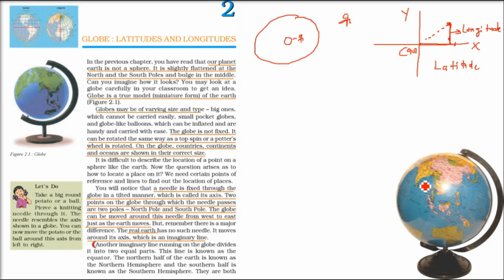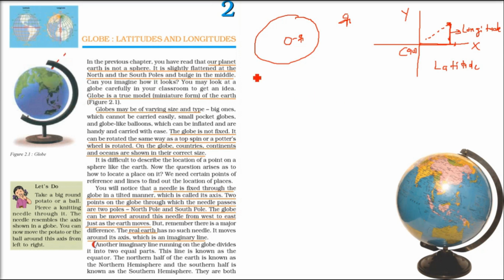If you see this model, you will be able to find out where you live, where your friend lives, where the continents are, where the different oceans are. So a globe is a representation where you can see how Earth is, how it rotates, how it looks.